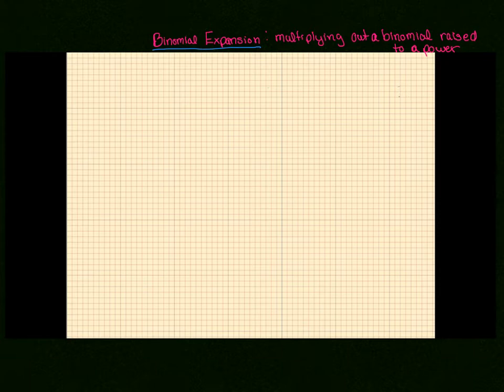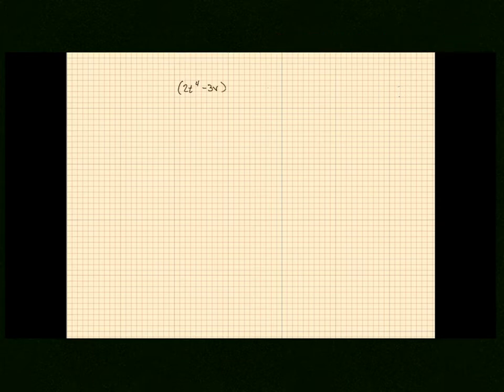So let's say we have 2t to the 4th minus 3v, and we're going to raise this to the 6th power. Okay, and let's say I want to find the 4th term. Remember that r is equal to the term minus 1, so this will be 4 minus 1.